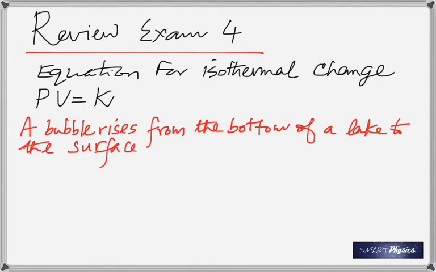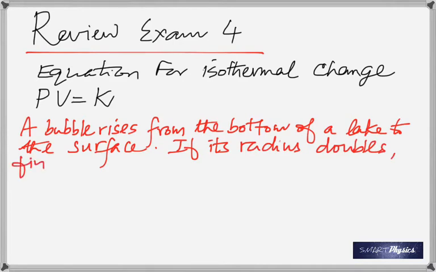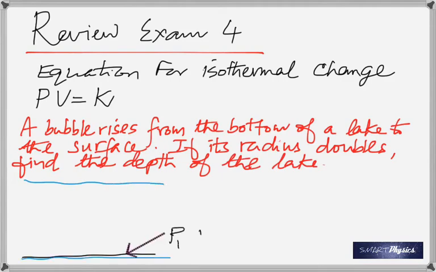Let's take the bottom of the lake to be 0.1 and the top to be 0.2. So can't we say P1 V1 is equal to P2 V2? Can we say that? All right, that's what I'm going to do. There's the bottom of the lake. The pressure is P1, the volume is V1. At the top, the pressure is P2, the volume is V2. We know that P1 V1 is equal to P2 V2.